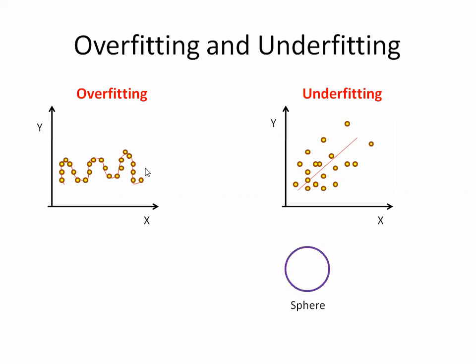Now for more specification of overfitting and underfitting, let us take an example. We want the output to be whether the given shape is a ball or not. In the case of underfitting, suppose we have defined the rule that if the shape is a sphere, then it is a ball.